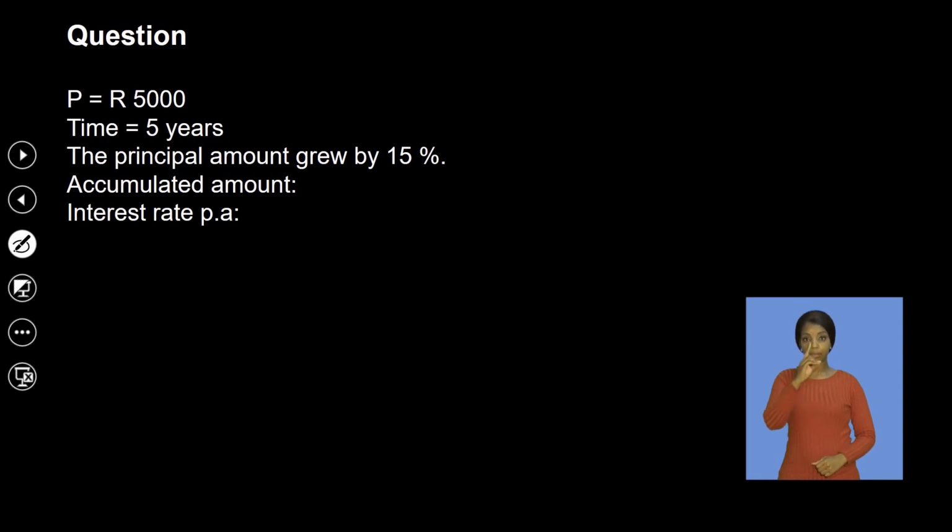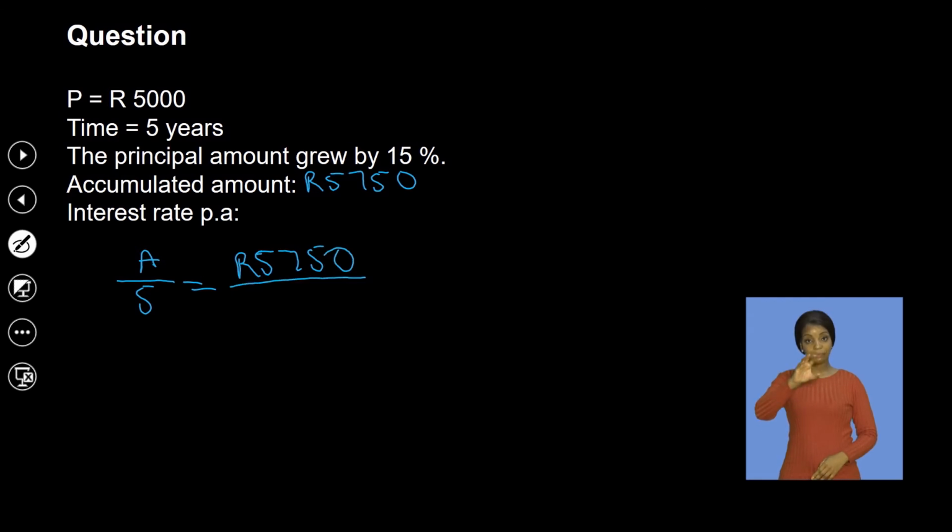So the accumulated amount, remember, was 5,750. That means that our interest per annum will be the accumulated amount divided by the 5 years, right? So which will then be 5,750 divided by 5, which is the 5 years.